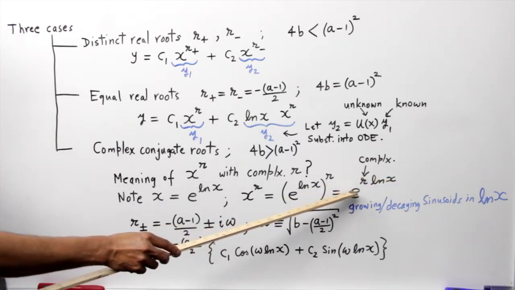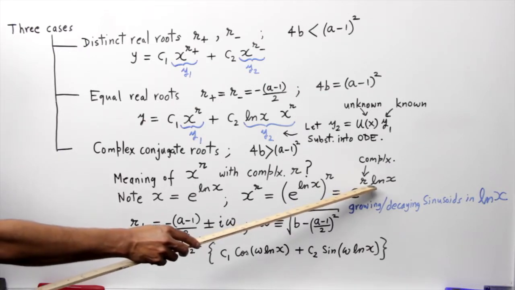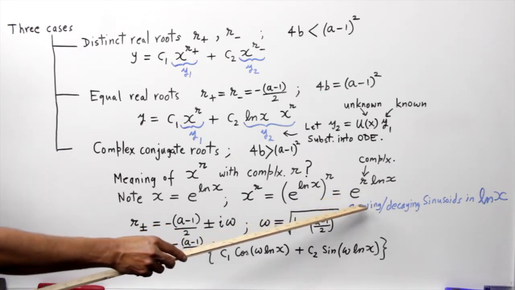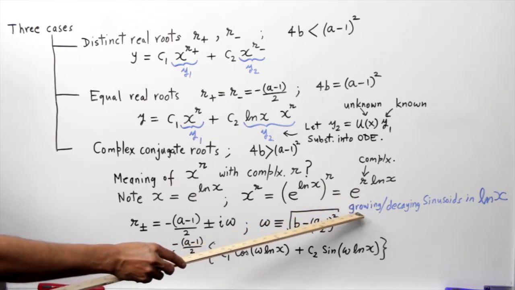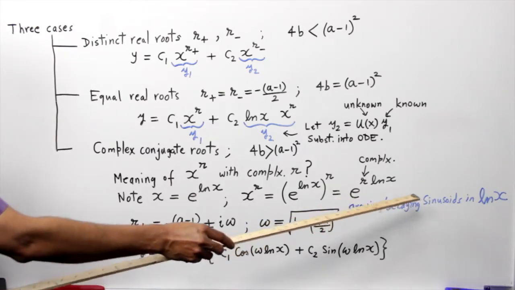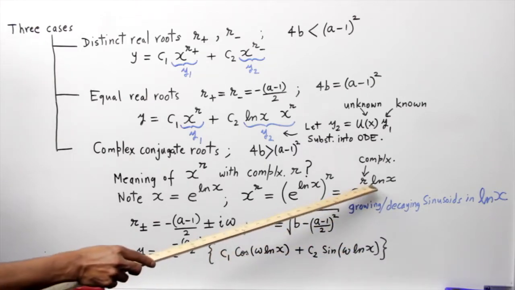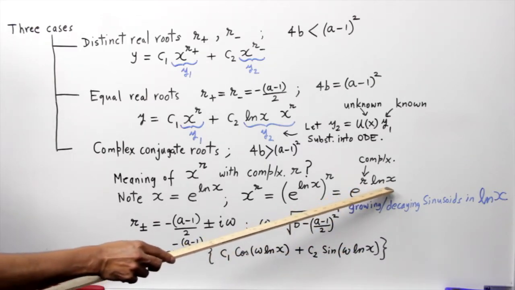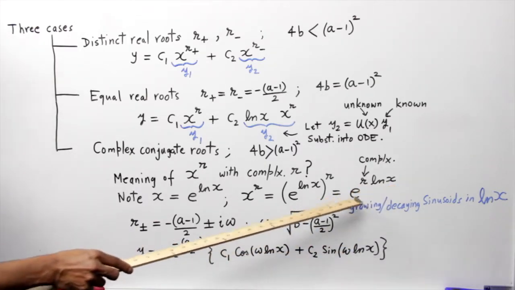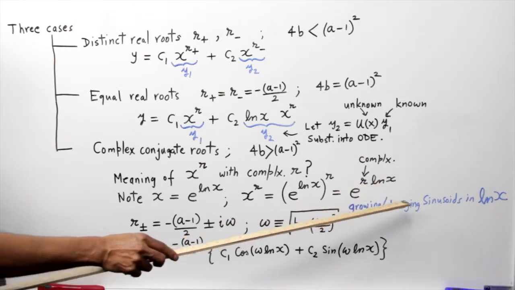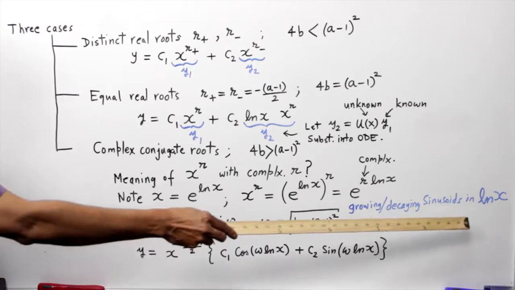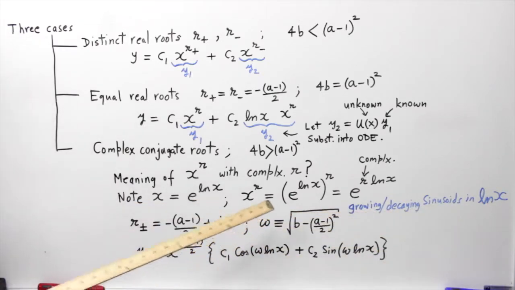This is like the exponential of a complex number, which reminds us that if we were to plot such a function, it would correspond to a growing and decaying sinusoid, but not in x; in terms of the variable log of x. So if we were to plot this against log of x, we'll have a simple growing decaying sinusoid. Of course, log of x is going to distort the shape of this sinusoid.